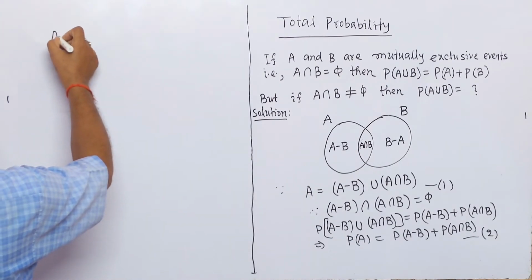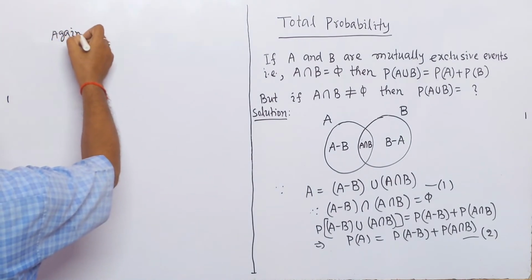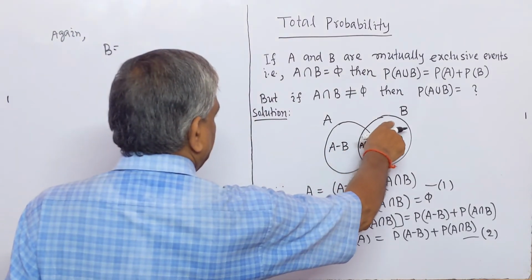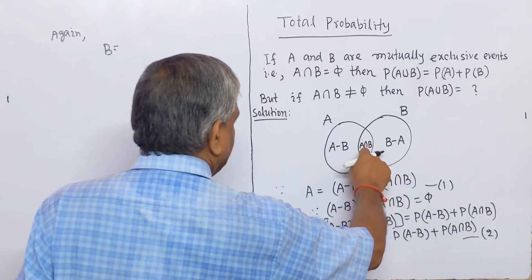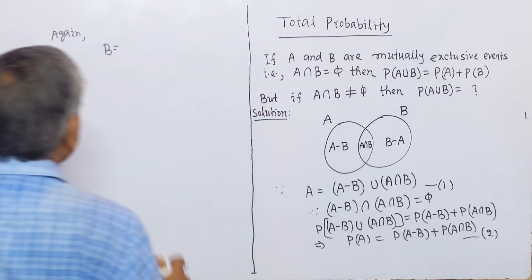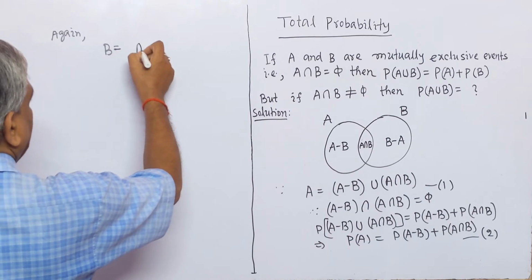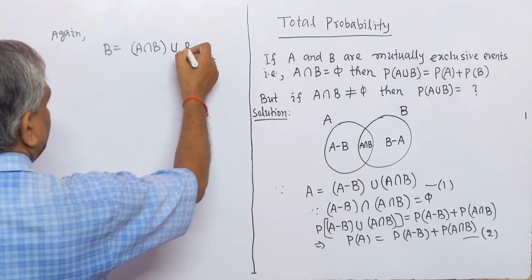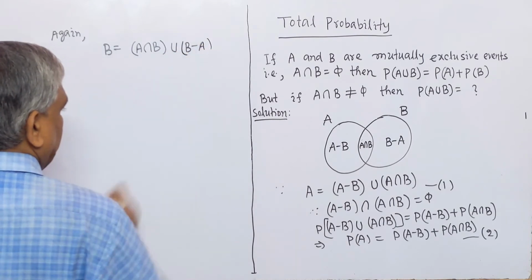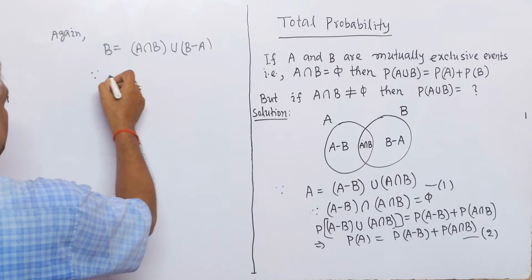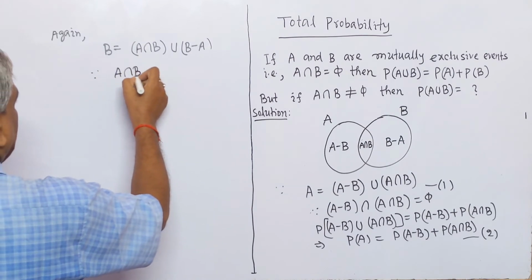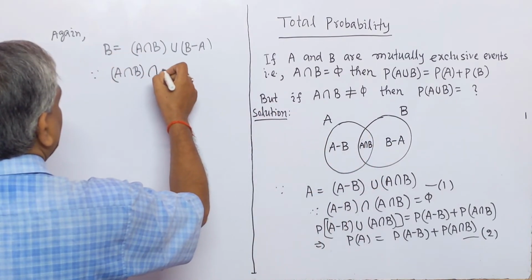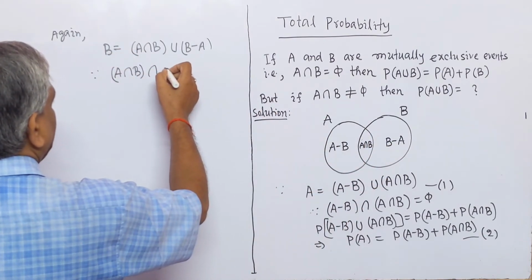Again, set B. Set B is the union of A intersect B and B minus A. And since A intersect B and B minus A are mutually exclusive, there is no common element.